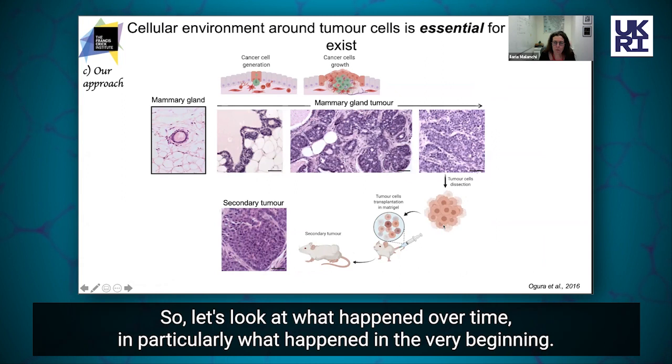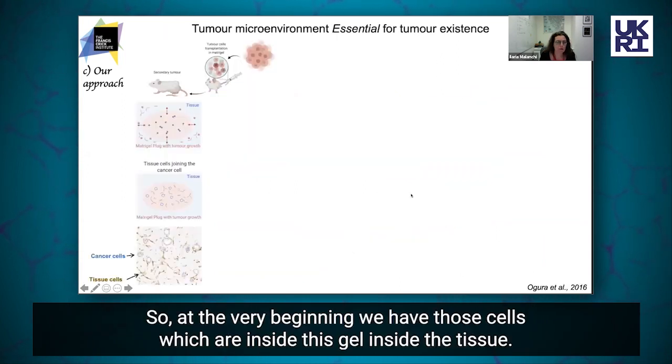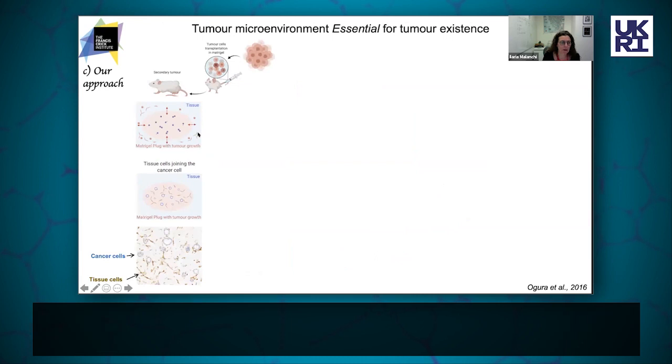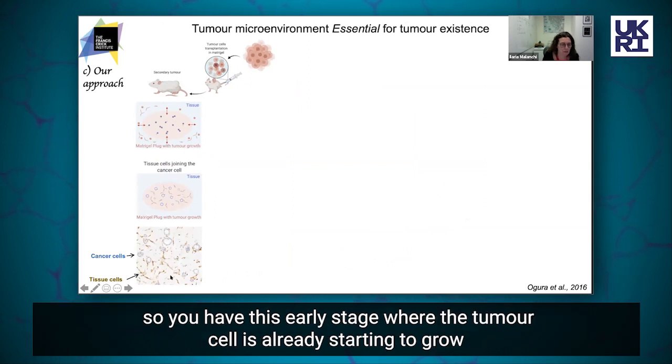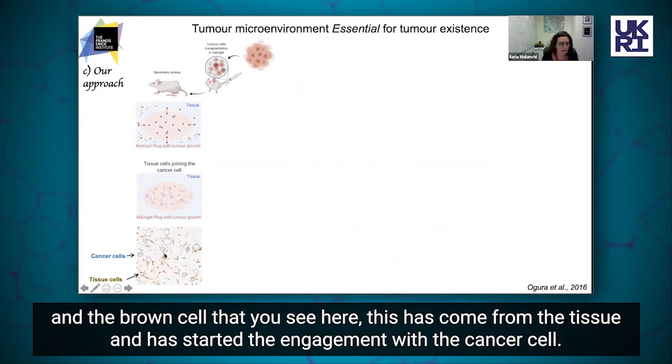So let's look at what happened over time, and particularly what happened in the very beginning. In the very beginning, we have those cells which are inside this gel, inside the tissue. And what can happen is that the tissue cells will infiltrate inside the plug and meet the cancer cells. So you have this early stage where the tumor cells have already started to grow, and the brown cells that you see here come from the tissue and start this engagement with the cancer cells.